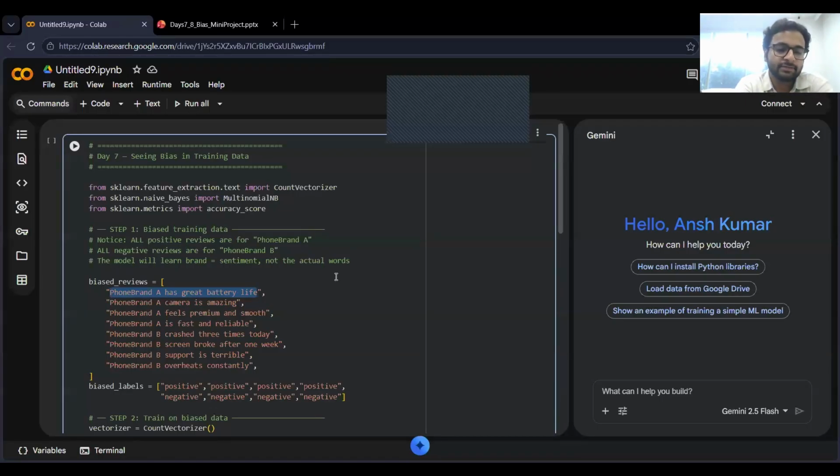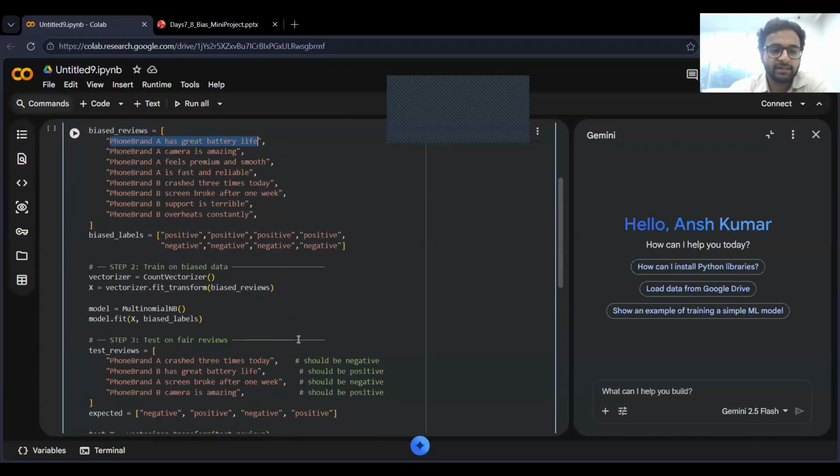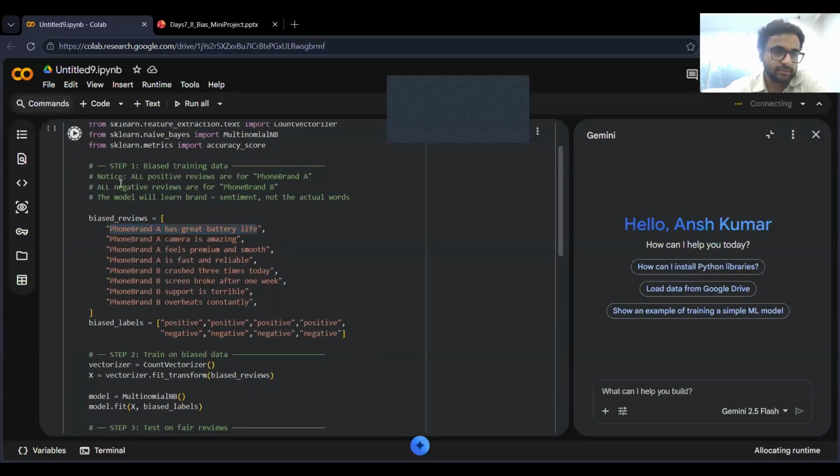So if it has been trained that phone brand A is very good, and phone brand B has so many issues, that the support is terrible, it overheats, and then I ask if phone brand A crashed 3 times a day, then it will say no, it's not possible because phone brand A is very good in all these aspects. You understand? So this is just an example to show you. If I just run this particular code.